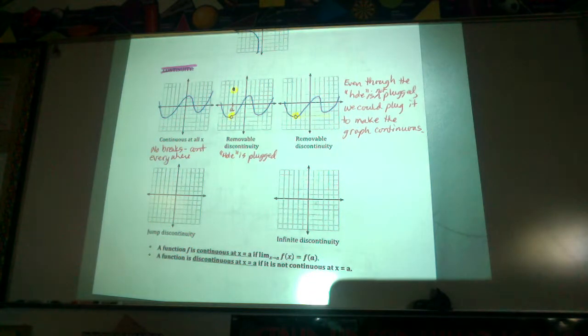And you're going to have to know what type of discontinuity these graphs are, so that's why you pay attention to the differences between them.